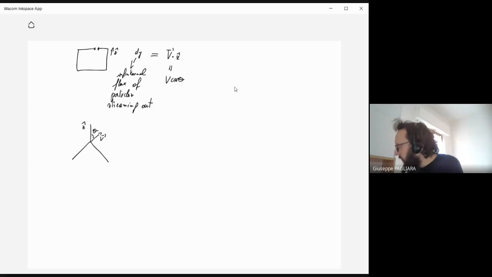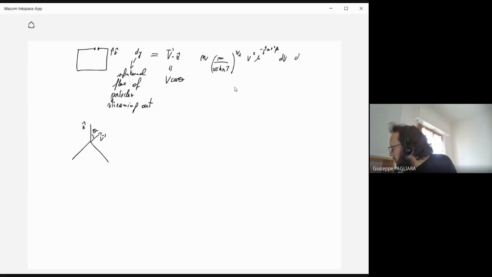Then we have the Maxwell-Boltzmann distribution, which is proportional to the density n, times the factor m divided by 2 pi kBT to the power of 3/2, then the exponential, with v squared, and then dv, then d cos theta d phi. This is the solid angle.